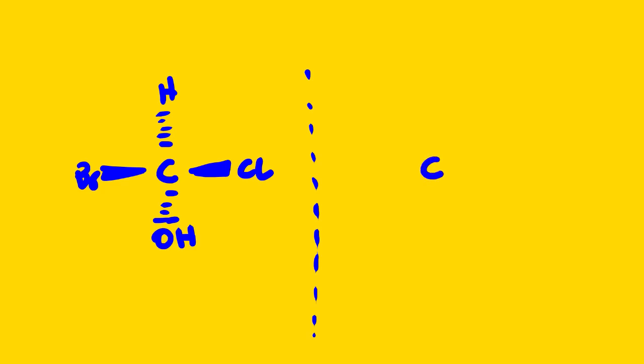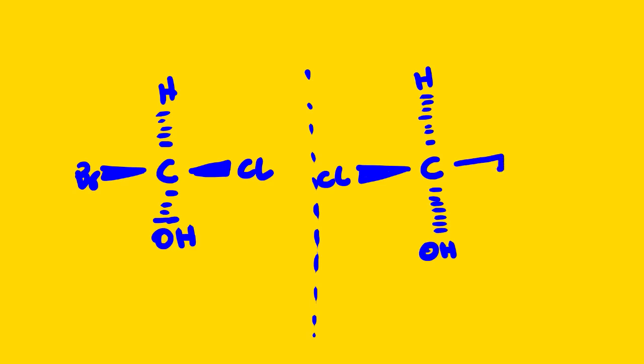Putting an image, we can see that we are going to have a structure like this. We have hydrogen, we have OH here, and then we are going to have Br this side. Remember, it is very important for you to know how to draw a mirror image.